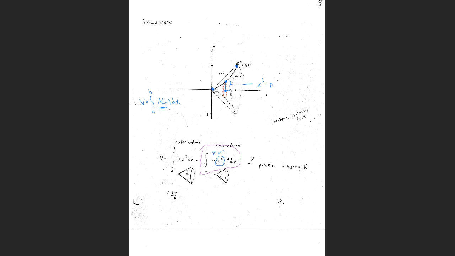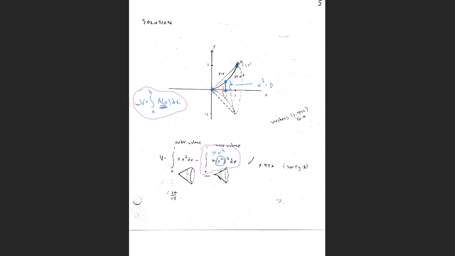Are there any questions on that? Professor, so when finding the volume, we use the formula of the volume of the circle? Well, the volume for a solid is equal to the integral from a to b of A of x dx.